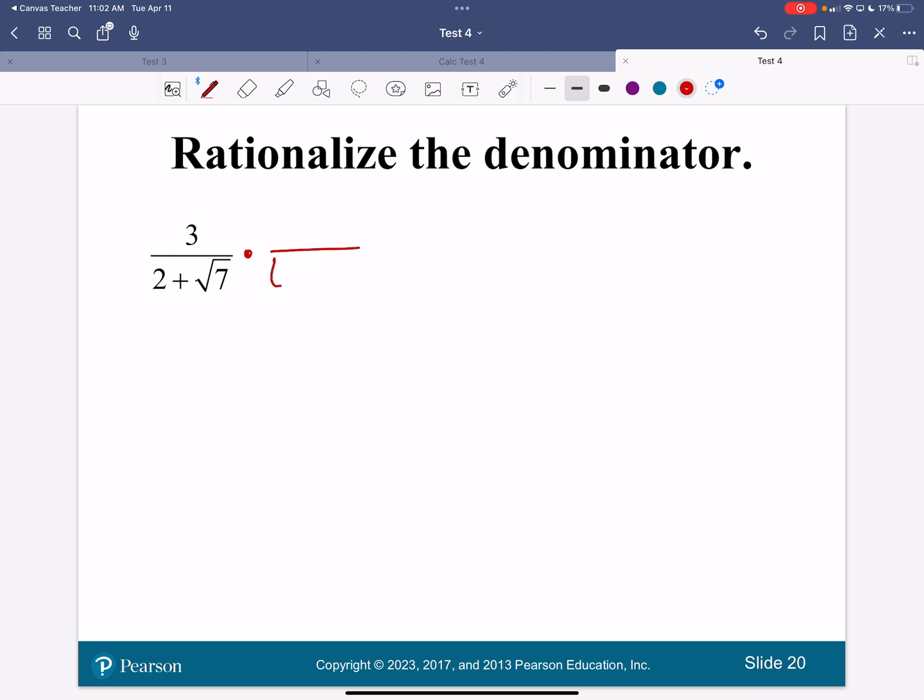So I'm going to have the square root of 2, but instead of plus, I'm going to have minus. If I multiply the denominator by that, I have to multiply the numerator by it as well. Here, I'm going to distribute.